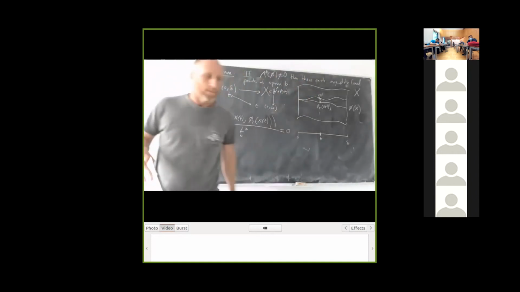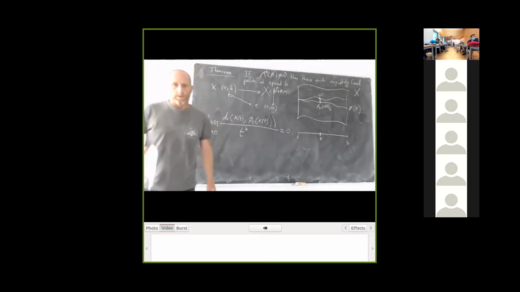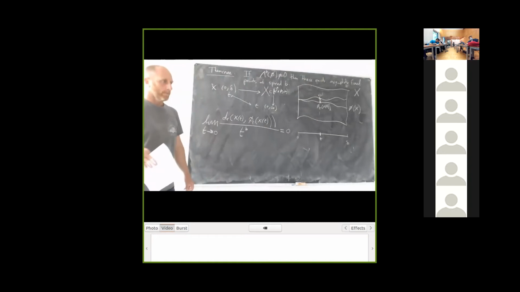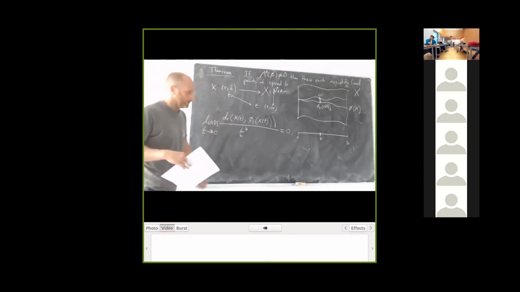What I want to do is to explain one application and to give some ideas on the proof. Okay, so if there is no complaint, I will erase this blackboard and try to say one application that is starting at this moment.